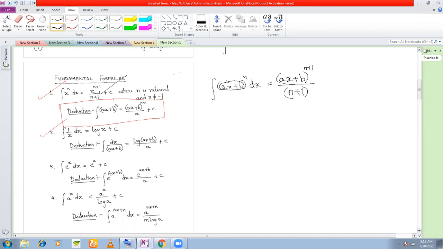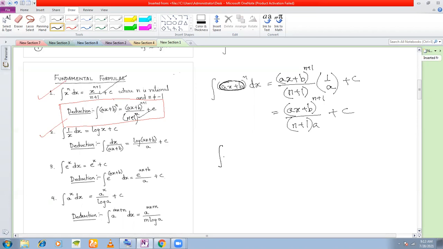Not only that, but because I have ax plus b, a linear polynomial, what is the derivative of this linear polynomial? If you differentiate ax plus b, you will get a, right? So I will divide this by a also. So this is ax plus b to the power of n plus 1 by n plus 1 into a. I have forgotten to write n plus 1 here. You can write n plus 1 here, plus c. Clear?